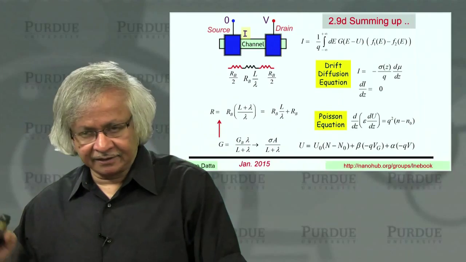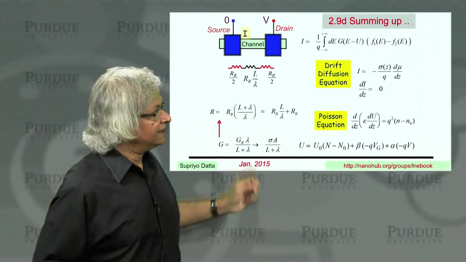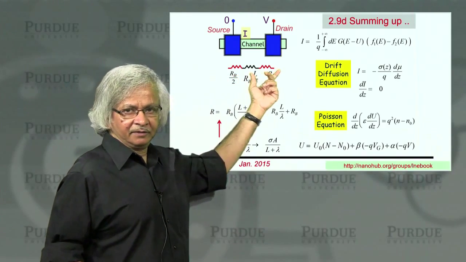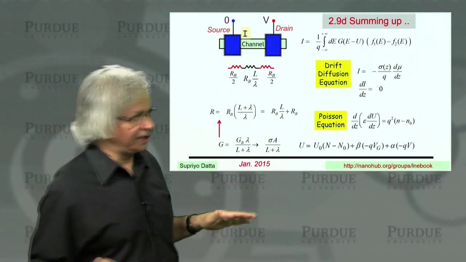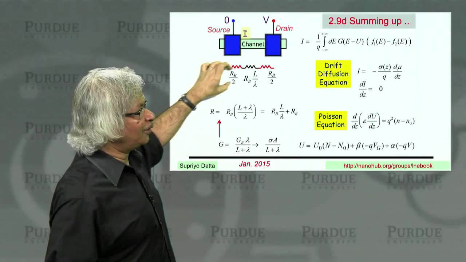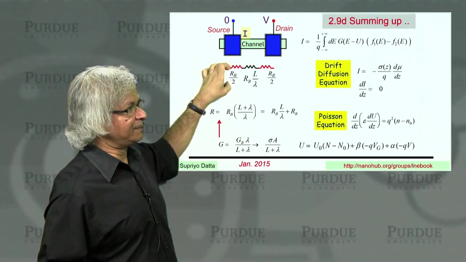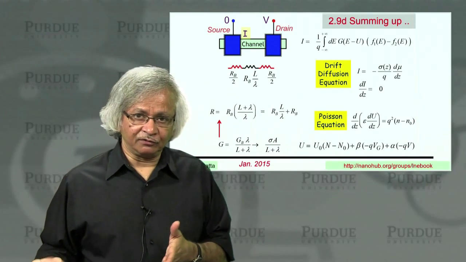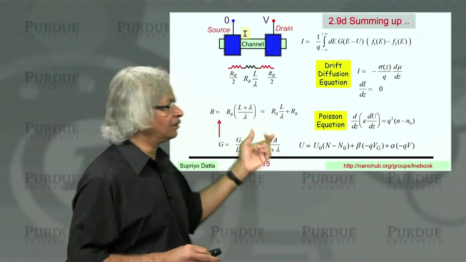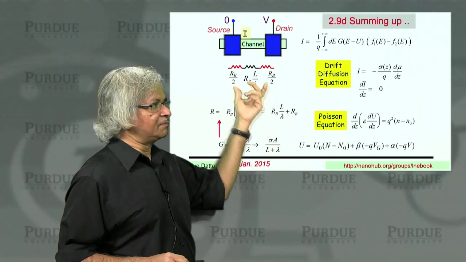What is not recognized is that there is actually a fundamental limit: no matter how good your contacting technology is, finally you will always have this ballistic resistance appearing at the interfaces. Now, this is something we haven't talked about so far. We didn't quite talk about where this RB comes from.